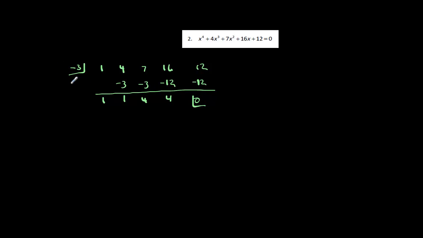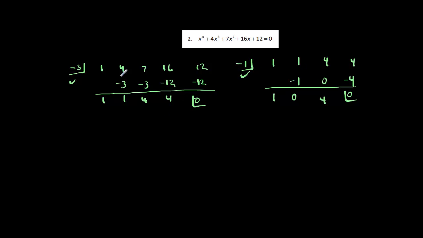So we know that negative 3 is a 0. Then we'll use these, and we'll use negative 1. Alright, so that proves that negative 1 is a 0.